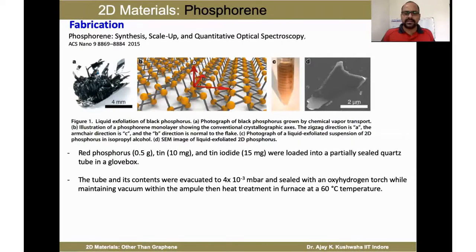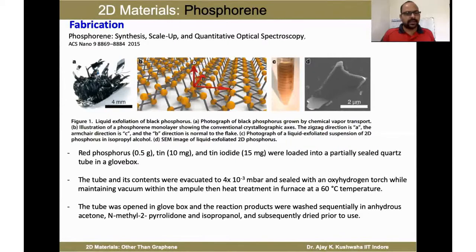After that it was taken out and opened in a glove box, and subsequently cleaned using anhydrous acetone, N-methyl-2-pyrrolidone and isopropanol many times. And then it was used for different investigations.